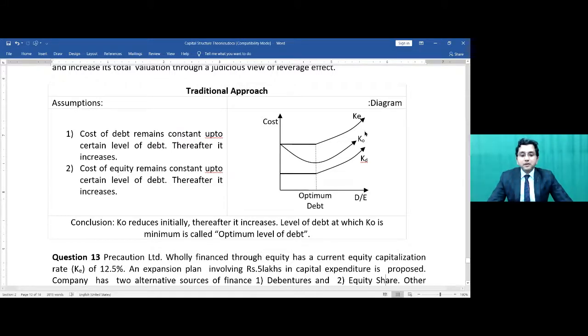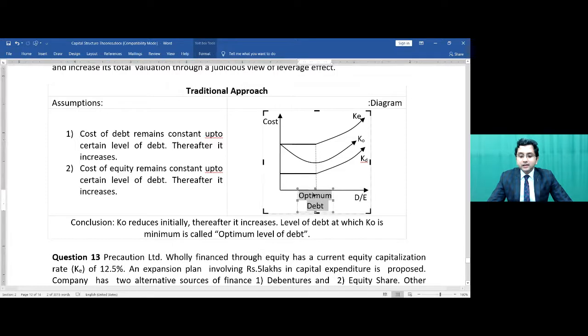So these are two reverse direction approaches, east and west. Exactly reverse. And both are theoretical. In real life, the best suitable approach is the traditional approach. It says that up to optimum level of debt, KD remains constant and then it starts increasing. Up to optimum level of debt, KE remains constant and thereafter it also increases.